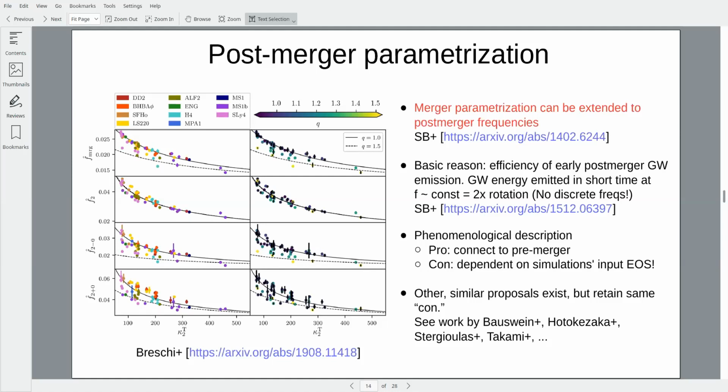So the last part that I wanted to talk about was actually post-merger. And the message is that this merger parametrization can be extended to describe the post-merger frequency and the main peaks. There are physical reasons behind that.